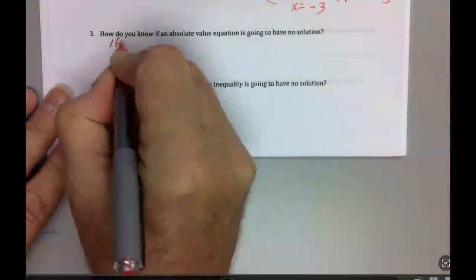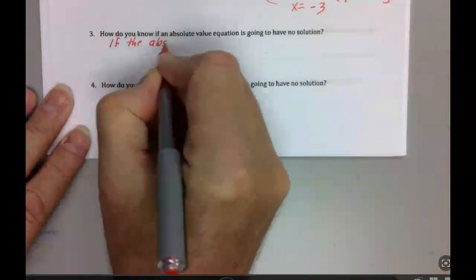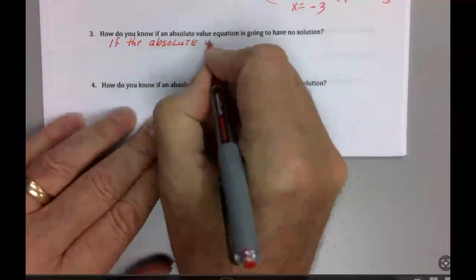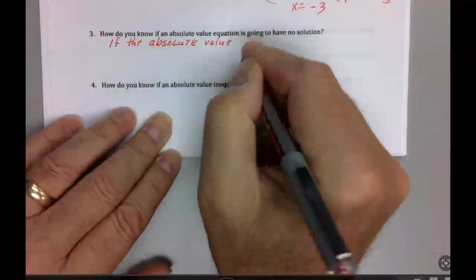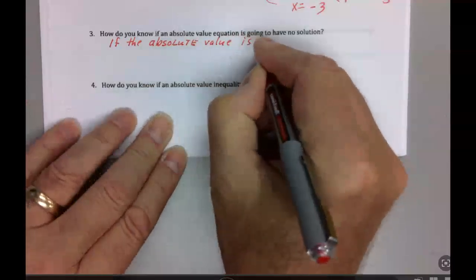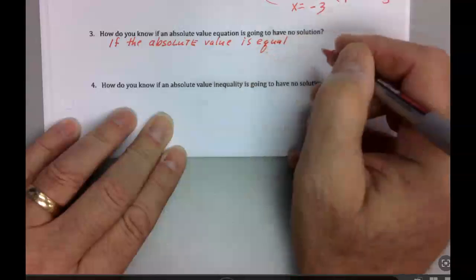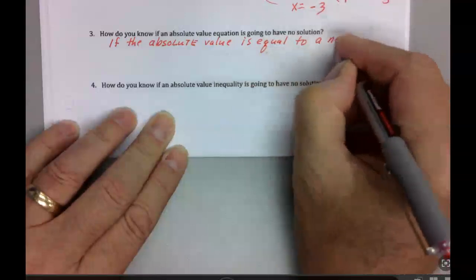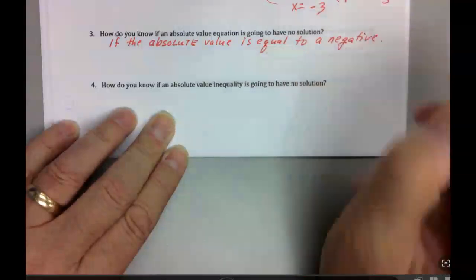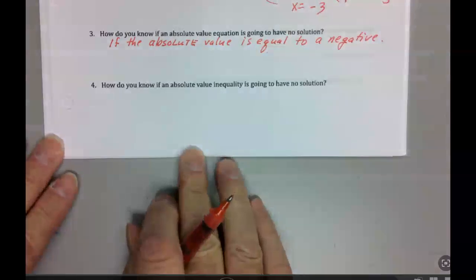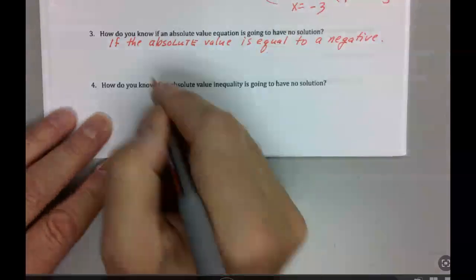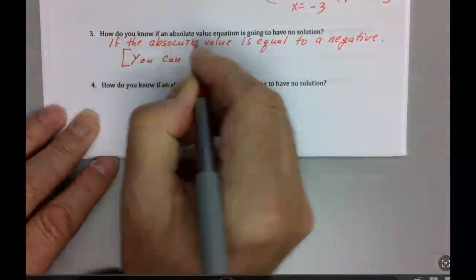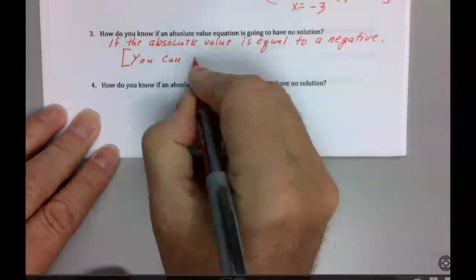If the absolute value is equal to a negative. You can have negative solutions, and like I said that too.